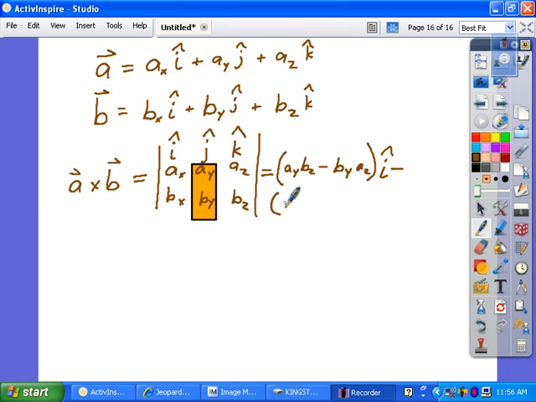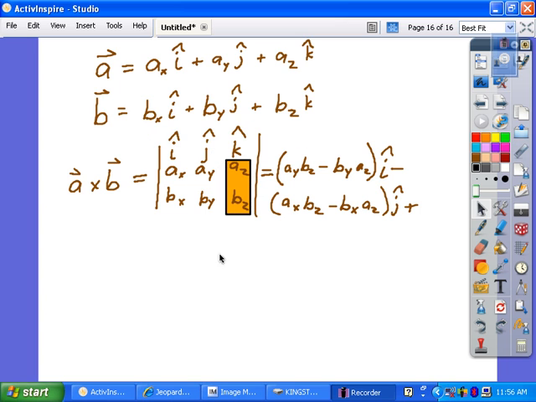So it's minus (AX BZ minus BX AZ) j hat, plus, I'm going to take this, we're going to drag it over, and we're going to eliminate the z direction. So now it's AX BY minus BX AY.